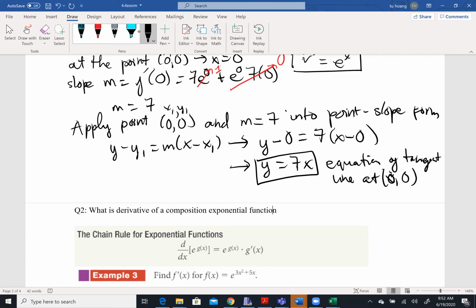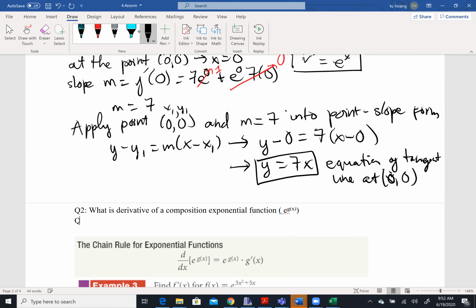Okay, so what does that mean? That means if you look globally, it still is an e to the power of something, which is a function. So if you look globally and see a function like this, how can you take advantage of that? Okay, so the answer will be using the chain rule, the chain rule for exponential functions.